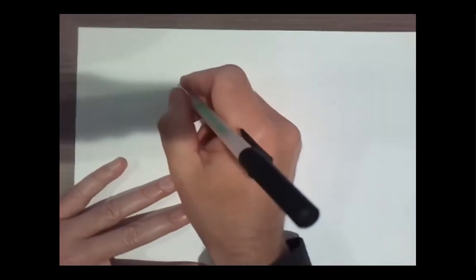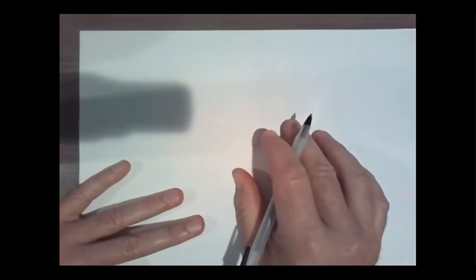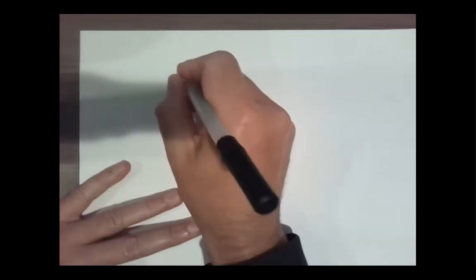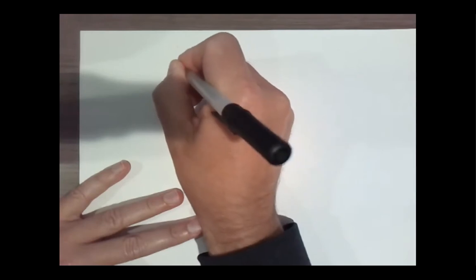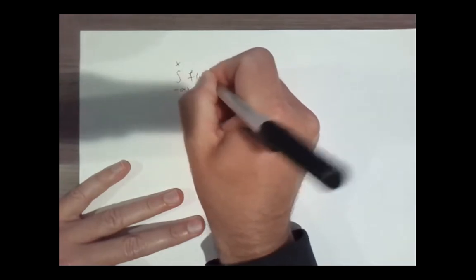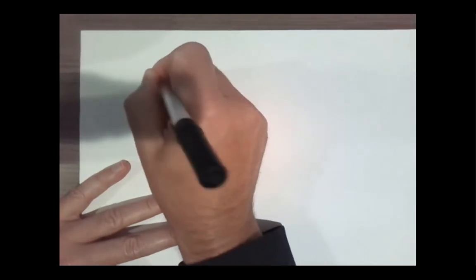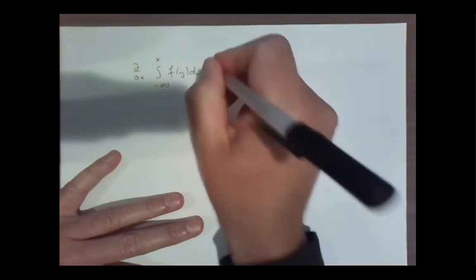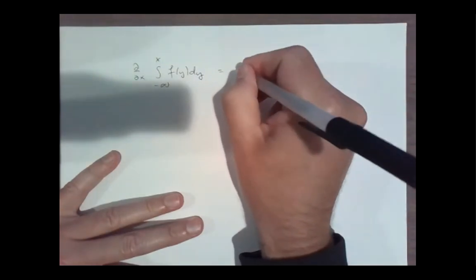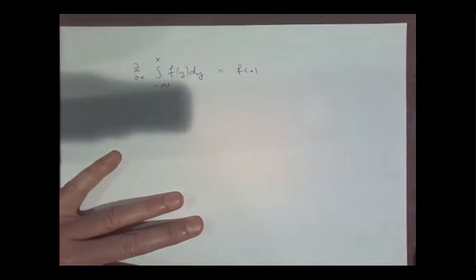Let me start out with something simple, just to make sure we got it. If I take an integral from negative infinity to, say, x of f of y dy, and I want to compute the derivative with respect to x, do you agree that this is going to be f of x?